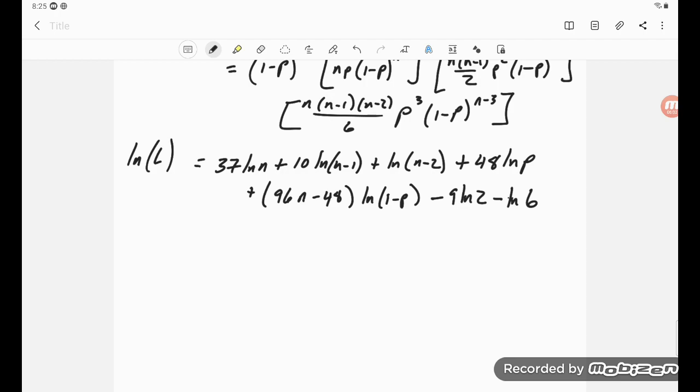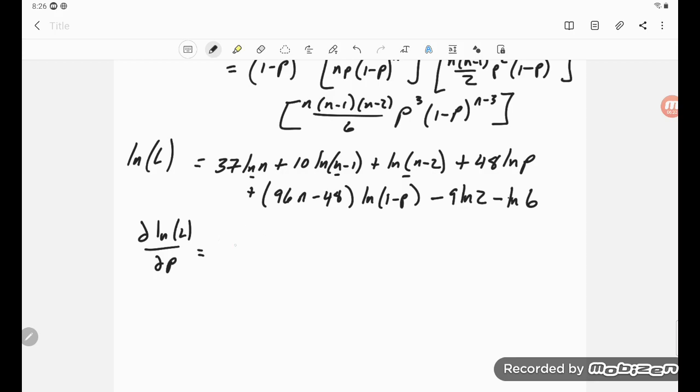You get that. So now if we take the derivative with respect to p, okay, so that's the first thing I want to do. I'm going to take the derivative, so the partial of the log of L with respect to p. And so, these first three terms, nothing there.